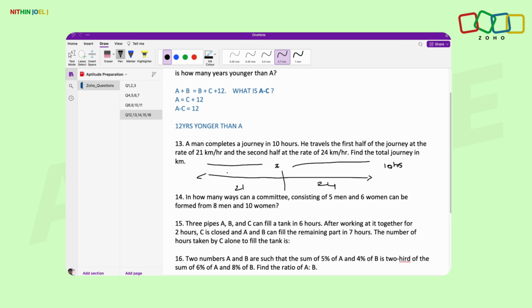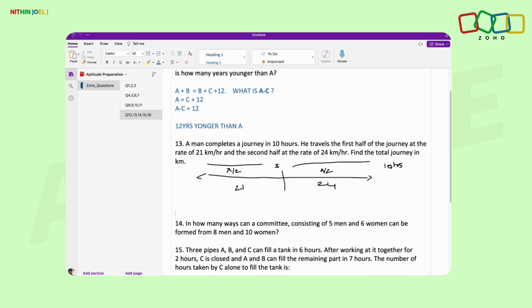So let us consider the first half as x by 2 and the second half as x by 2 over here. So now let's form an equation and try to solve this.